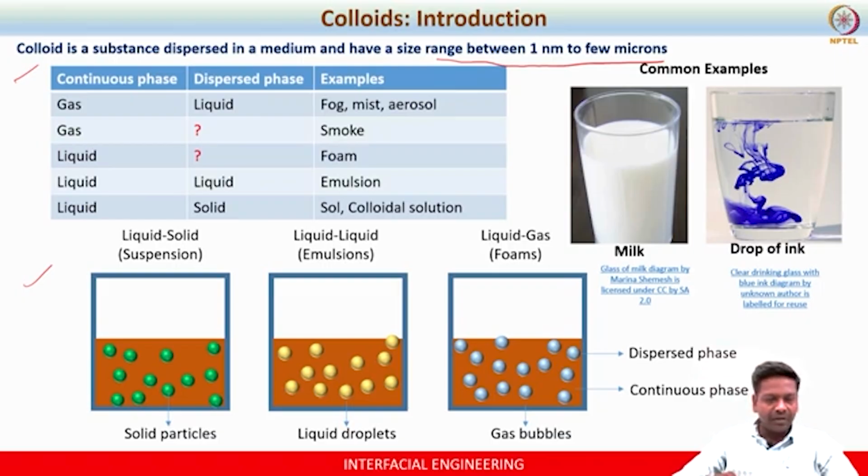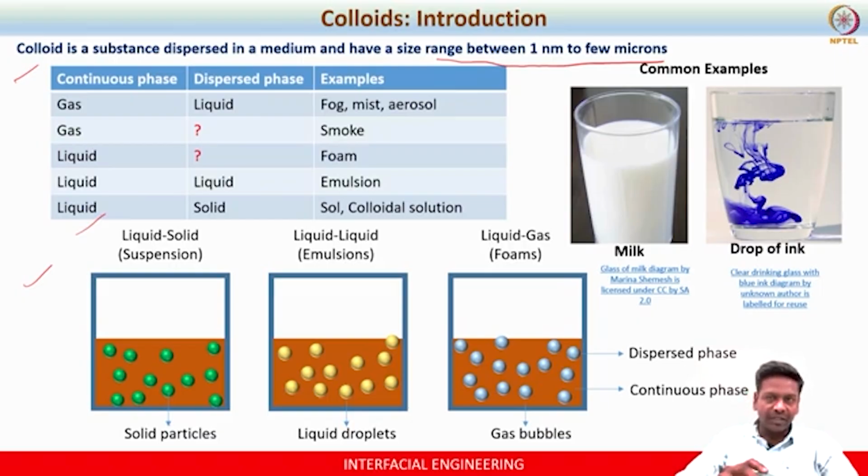I have listed several examples for you to relate to quickly, for example liquid solid systems and liquid gas systems. Although this module is all about liquid solid systems, we will also understand colloidal particles from other perspectives.